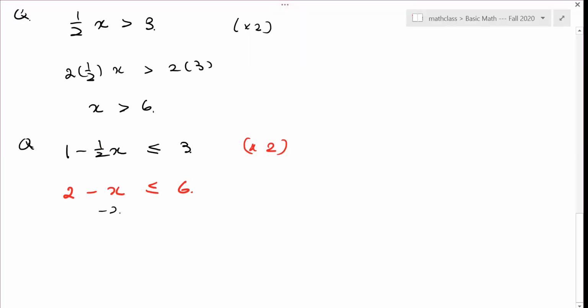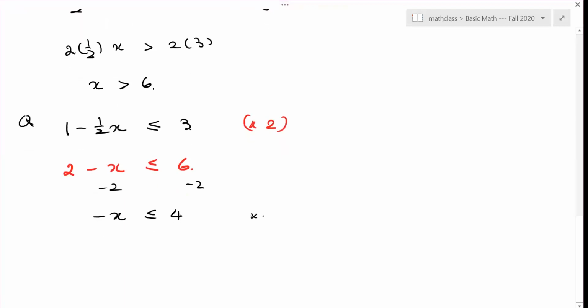Then you subtract the 2 from both sides, so you get negative x less than or equal to 4. Then you multiply both sides by -1, right? So the left-hand side is x. Don't forget to change the direction. Don't forget also to change the sign of the 4, because 4 is also multiplied by -1. Okay, so that would be the answer. Now, it's easy to make mistakes.